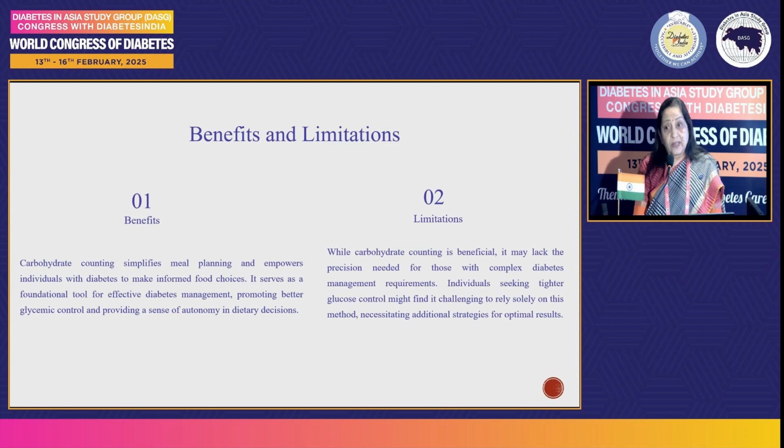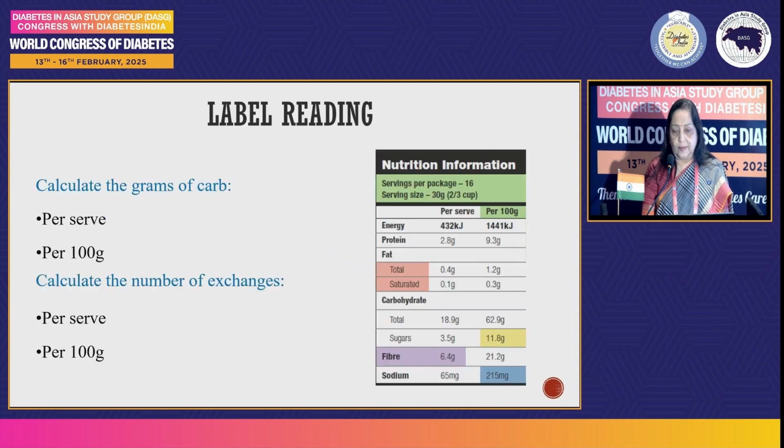There are some limitations, though. While carbohydrate counting is beneficial, it may lack the precision needed for those with complex diabetes management requirements, and individuals seeking tighter glucose control might find it challenging to rely solely on this method, necessitating additional strategies for optimal results.